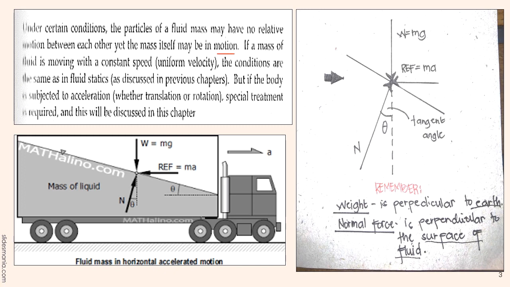If a mass of fluid is moving with a constant speed or uniform velocity, the conditions are the same as in fluid statics, as discussed in previous chapters. But if the body is subjected to acceleration, whether translation or rotation, special treatment is required, and this will be discussed in this chapter.